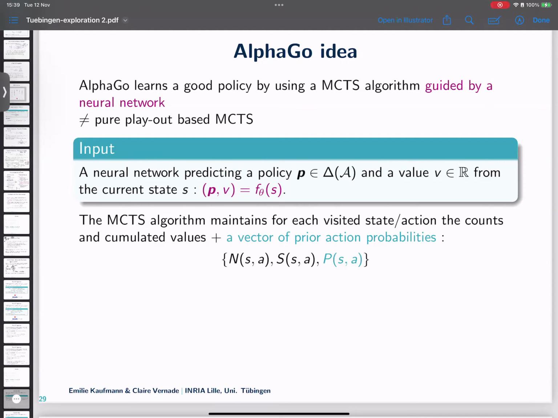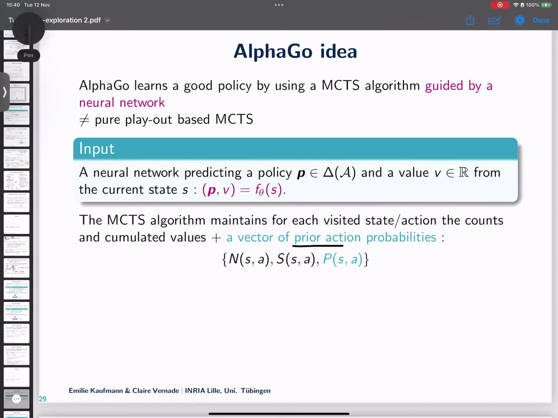That transitions to this last part. As we said, for those of you who are familiar with this, sometimes states might be similar, and the idea is to build a neural network that is going to learn this embedding, this representation, and output for you some sort of prior value or some prior action probability.